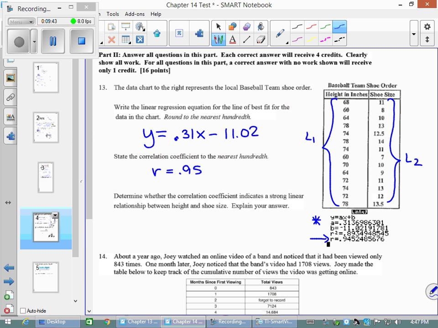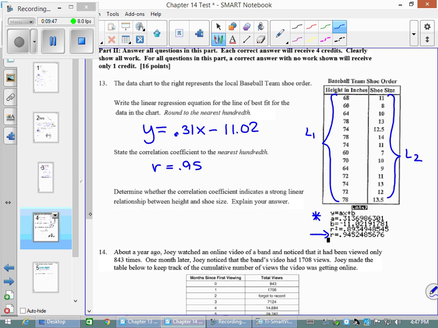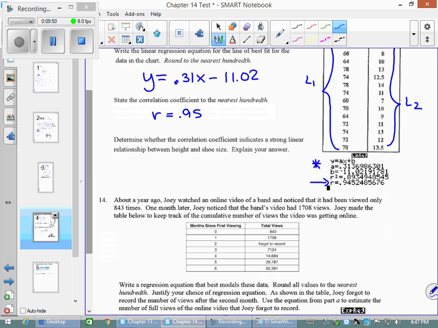Then they ask us to determine whether the correlation coefficient indicates a strong linear relationship between height and shoe size, and to explain. So the correlation coefficient does indicate a strong linear relationship.